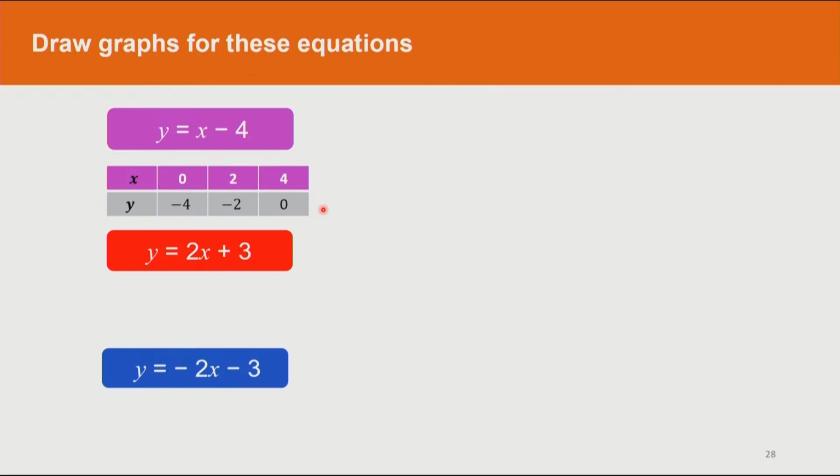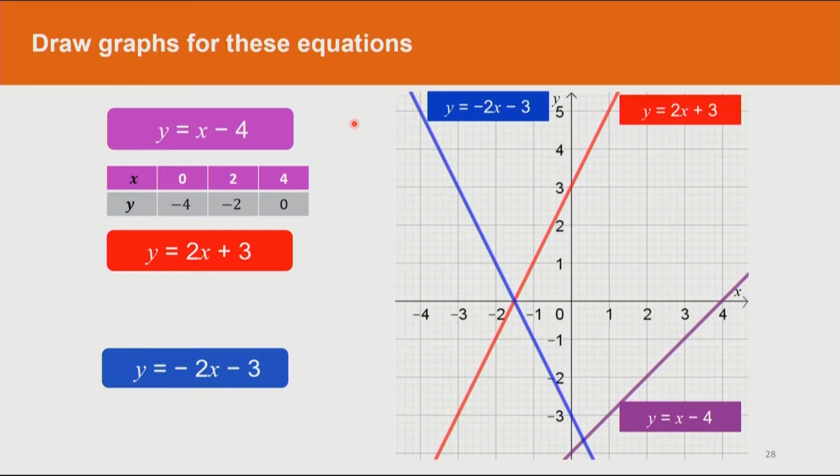So once you have the values on the table, we have the coordinates 0, negative 4, then we have 2, negative 2, then 4, 0. Those are the coordinates. So on the grid that we have, the y-axis and the x-axis, we are going to plot those points.